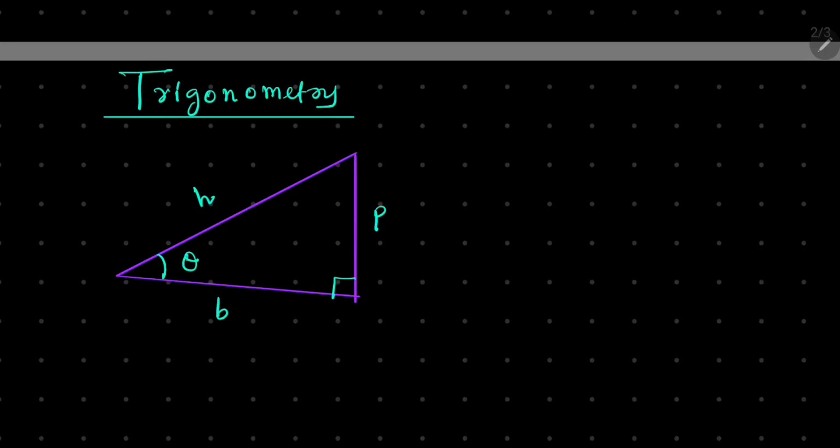In trigonometry, we define 6 trigonometric ratios. These are well-defined ratios which you have to be aware of and remember. So what is sine theta? The first ratio, sine theta, is defined as perpendicular upon base.